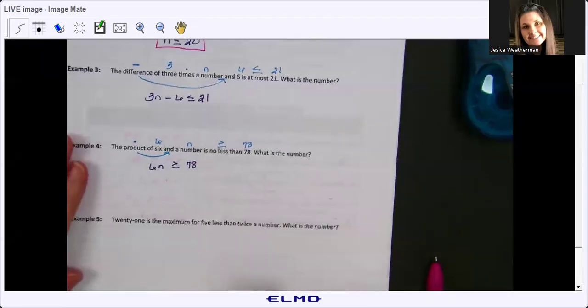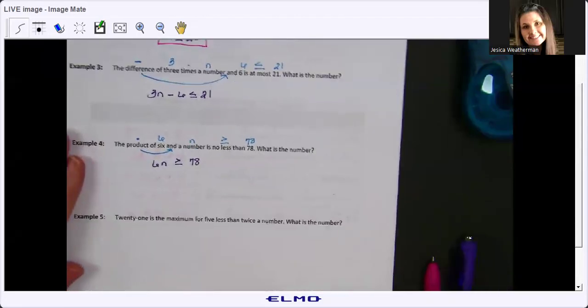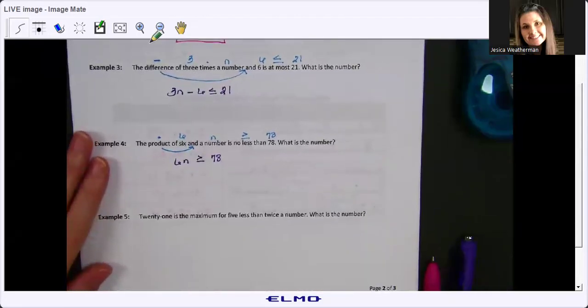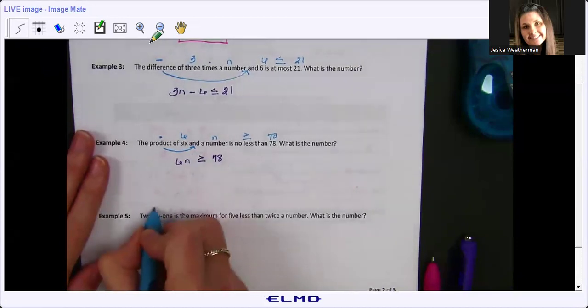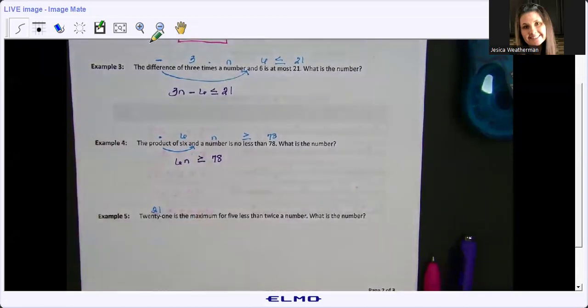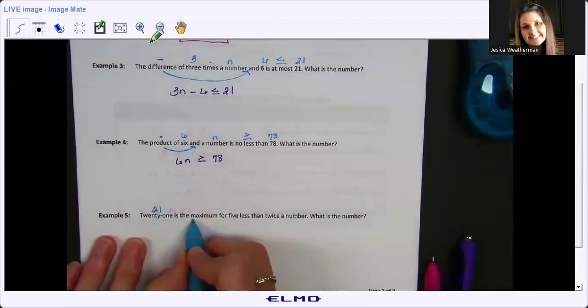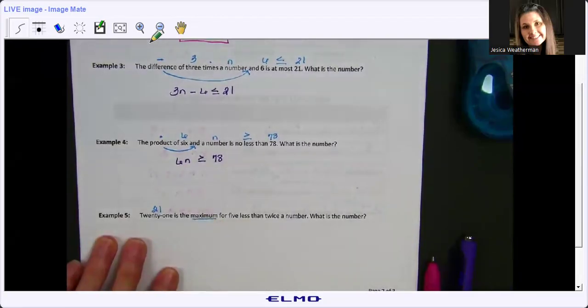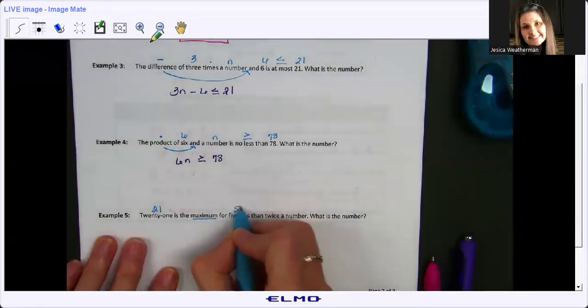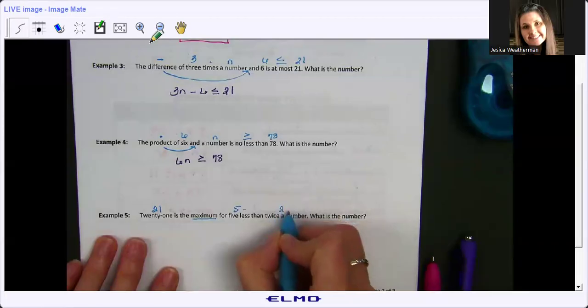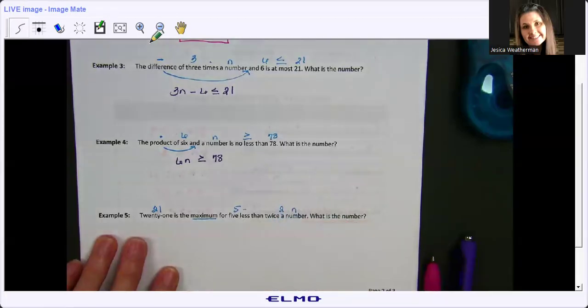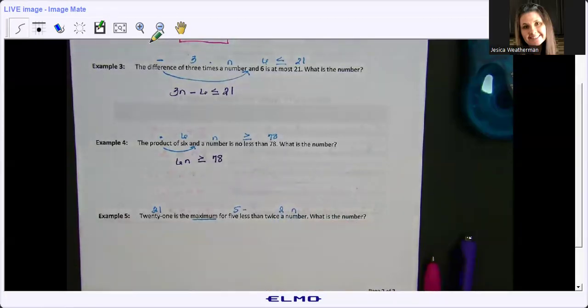Okay, so here it says that 21 is the maximum, so maximum here, for 5 less than twice a number. So we have 5 less than twice a number. It's kind of flipped this time. 21 is the maximum that it can be.